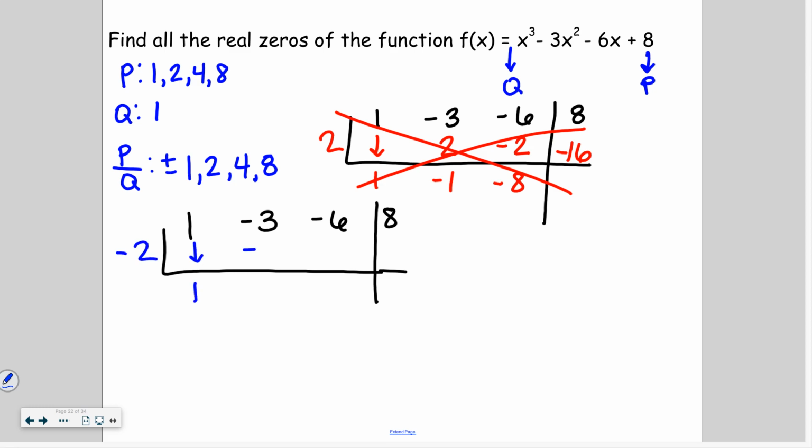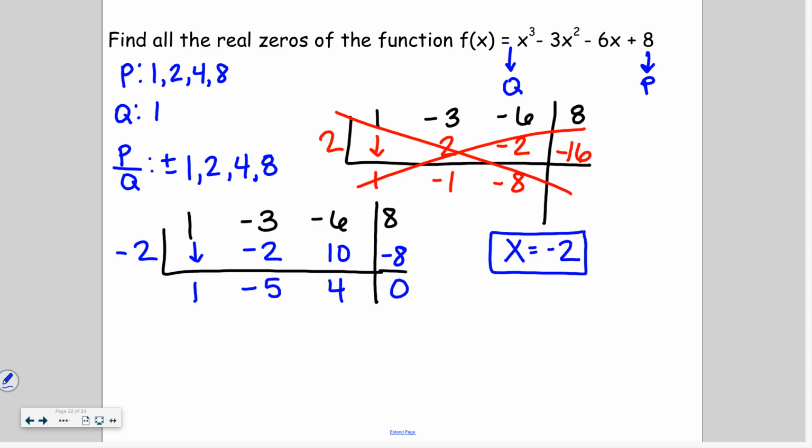So 1 is -2. -5, that is 10. Gives me a -4. That's a +4, not a -4, sorry. Which gives me a -8, and that one works. So good job. So my first one is x is equal to -2.